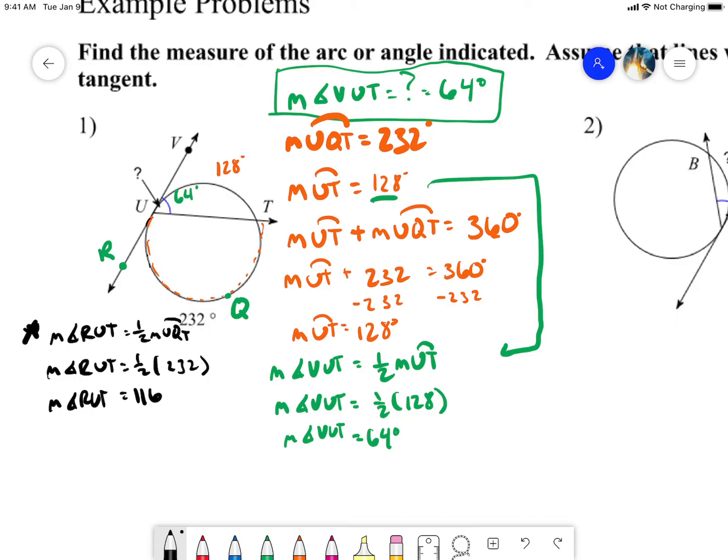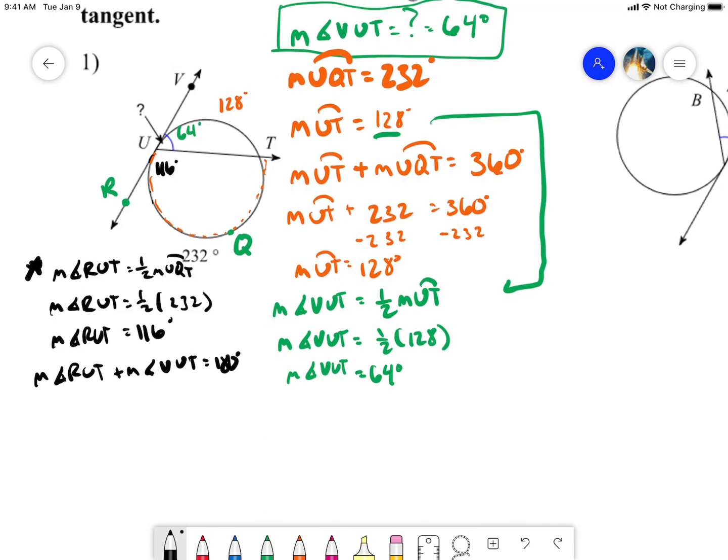Yep, 116. So I know this angle is 116, and I know that the measure of angle RUT plus the measure of angle VUT is equal to 180 degrees, because they are a linear pair. I could just substitute it in here. That means 116 plus the measure of angle VUT is 180.